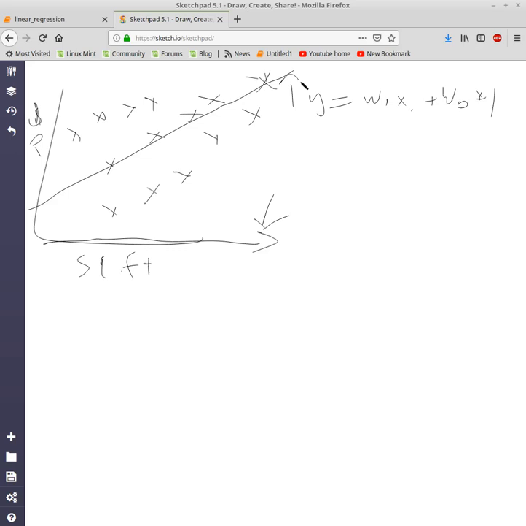So we have these little lines right here, the difference between the predicted and the actual for all of these points, and that will be our error. We line up these little lines here, and this calculates the error from the predicted and the actual.